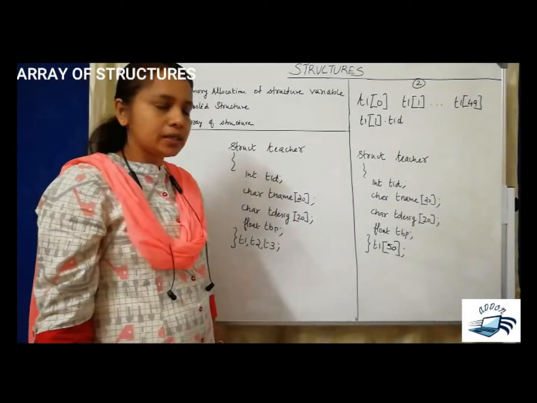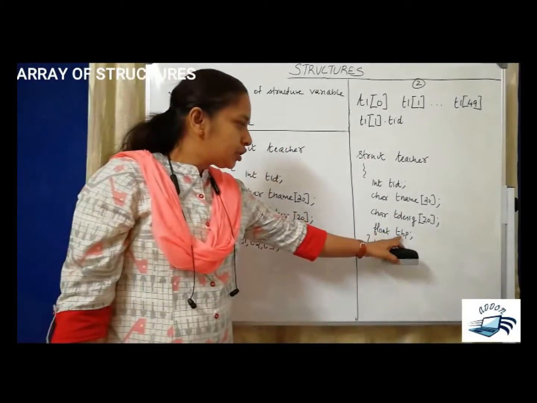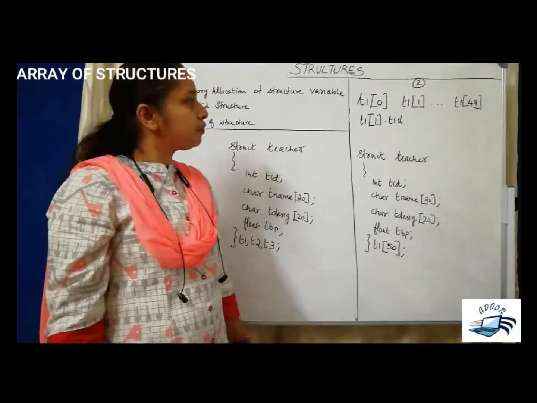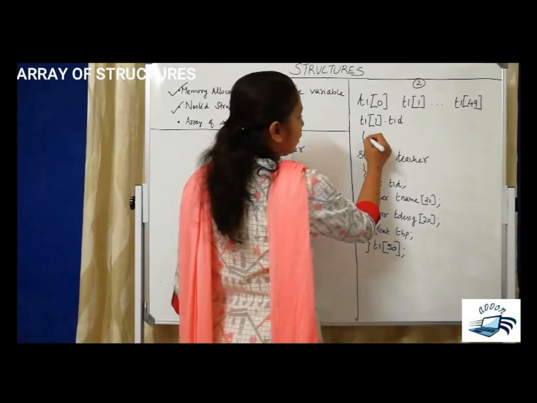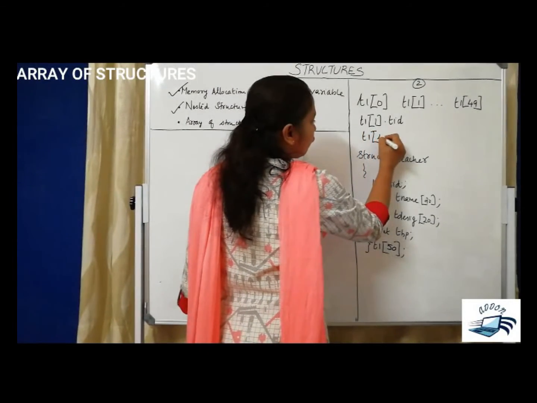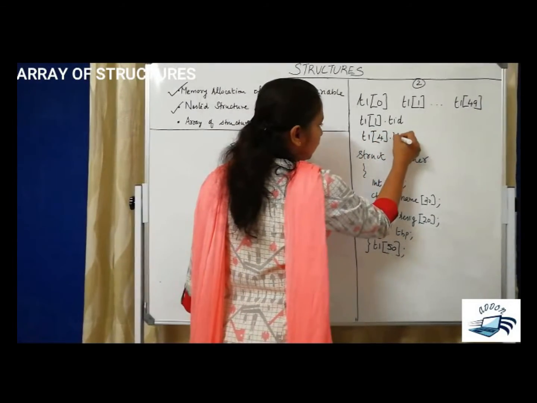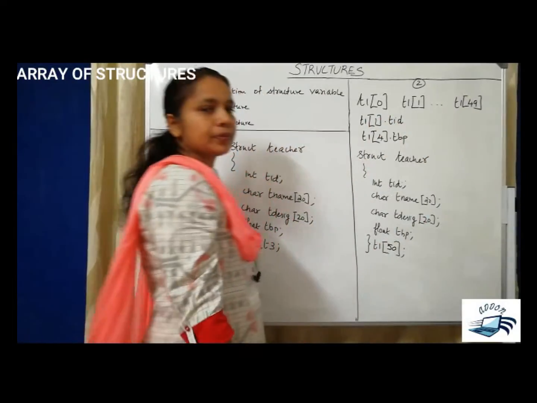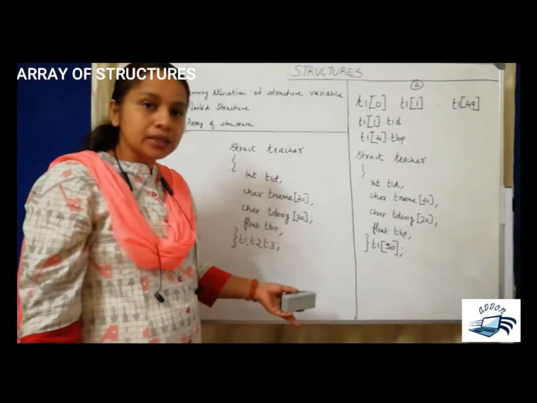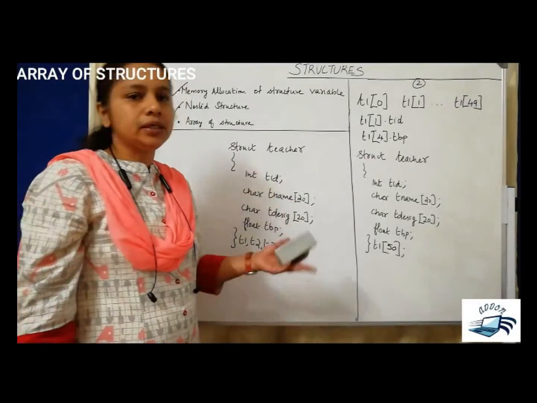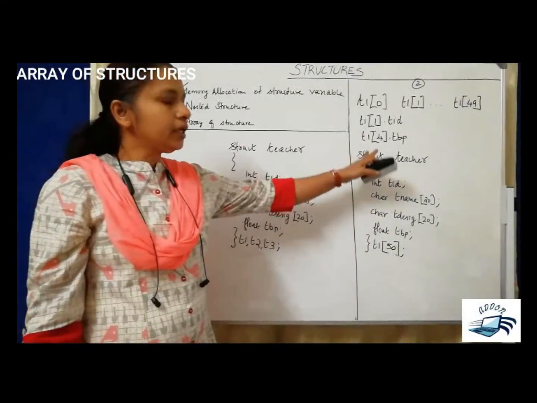If I want to access the TBP of the fifth teacher, I have to write T1 of 4 dot TBP. In the same way, we can access all the details of all the teachers inputted to the structure.